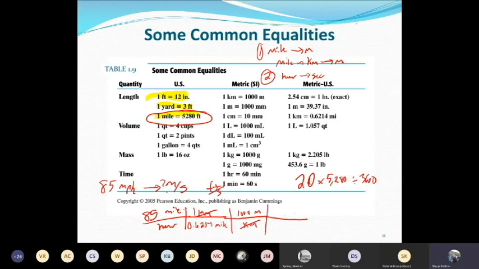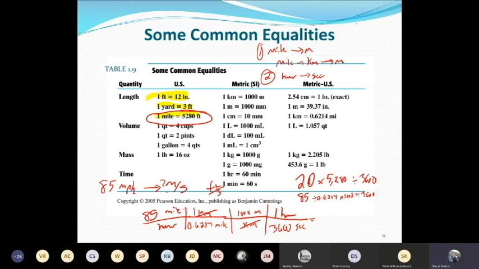Now the last part here is converting hours into seconds. We talked about that just a minute ago. So for every hour, there are 3,600 seconds. Just to make sure we understand: 85 divided by 0.6214 times 1,000 divided by 3,600. That's how you would type it in your calculator and hit enter.